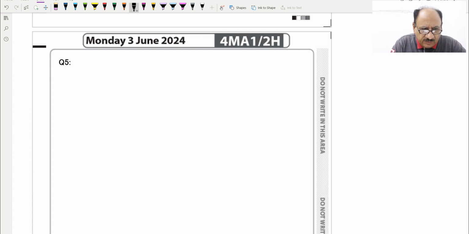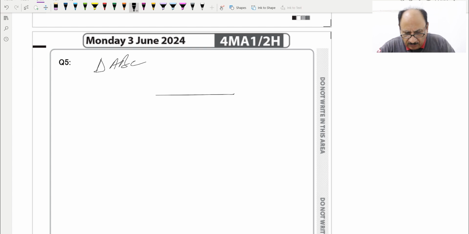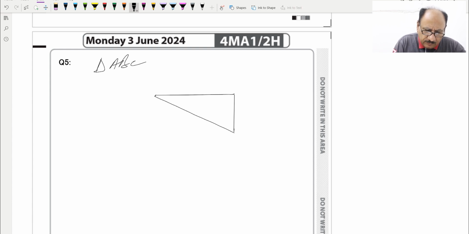Question number 5. The diagram shows triangle ABC. We can draw a smaller triangle for our understanding, like this one, with vertices A, B and C. This angle is 90 degrees, and this angle is 34 degrees.